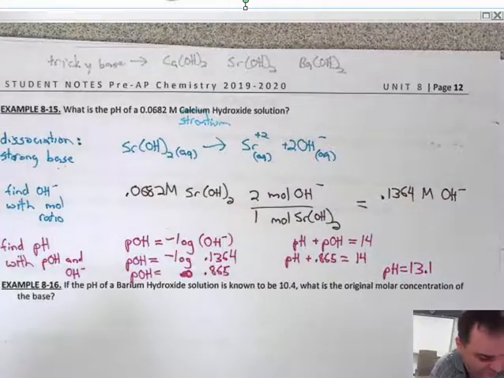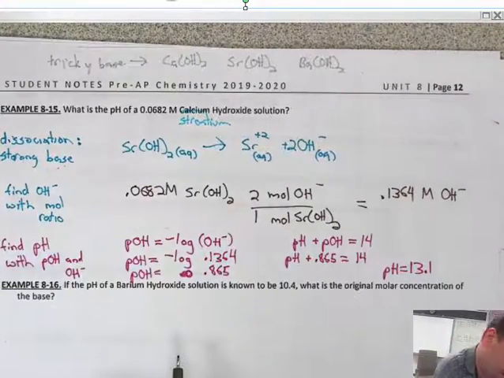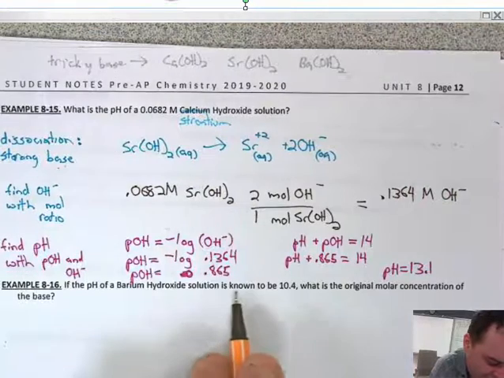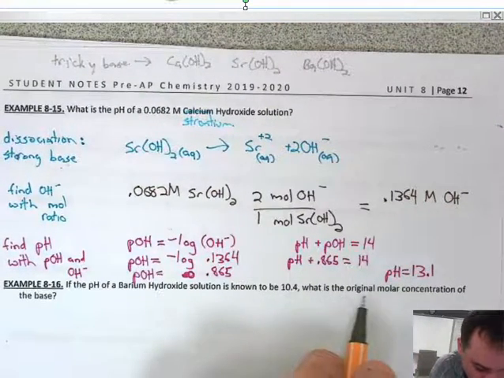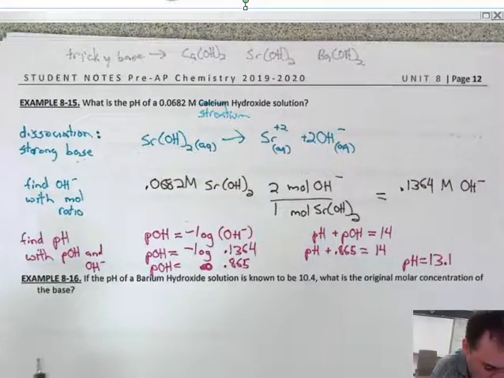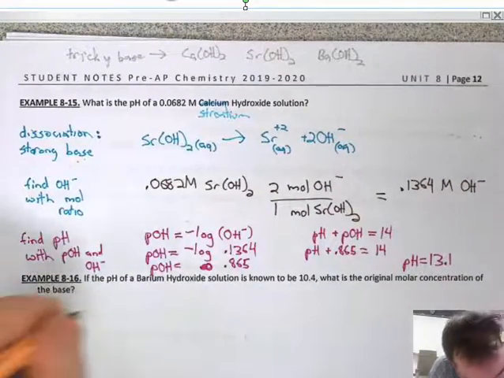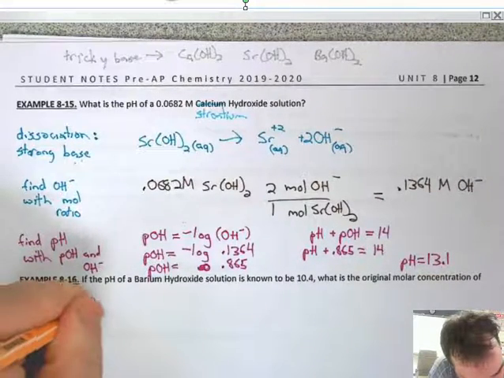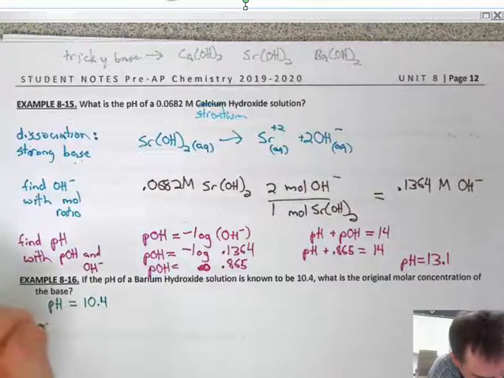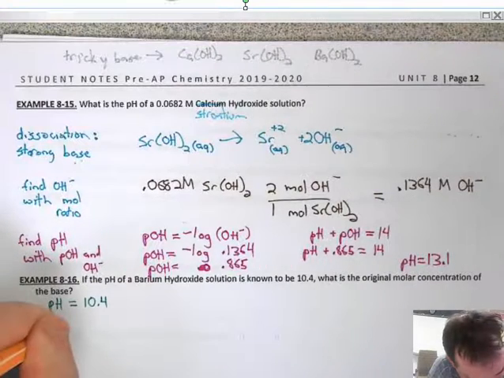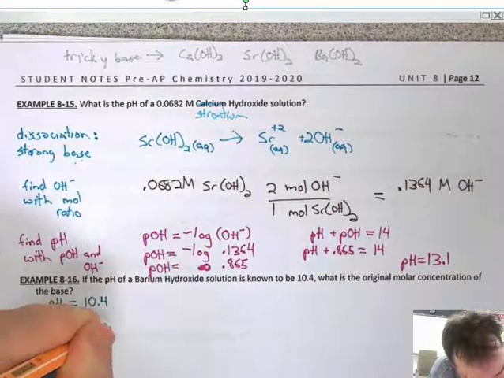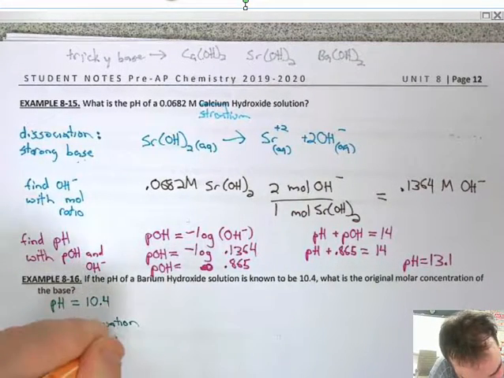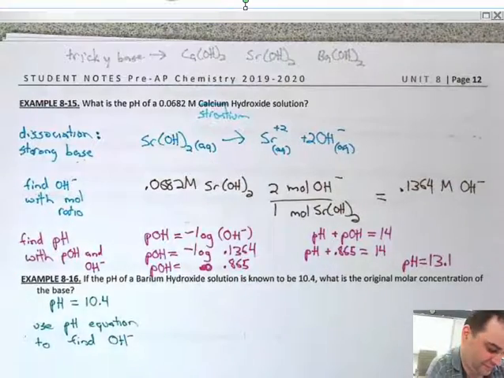Okay, wonderful. Okay, some of the problems you have to go in reverse here. So, for instance, here, if the pH of barium hydroxide solution is known to be 10.4, what is the original molar concentration of the base? So here, we have the pH is equal to 10.4. So we're going to use pH equations to find OH minus.